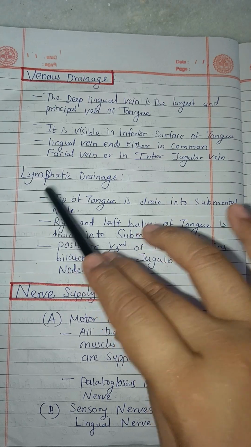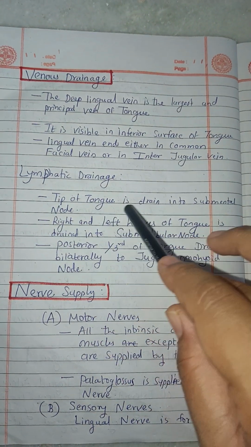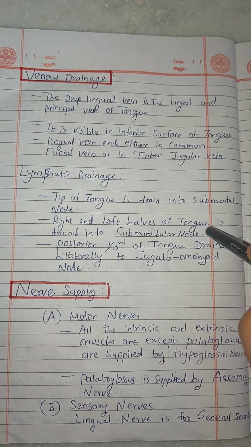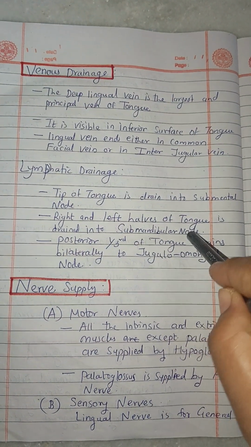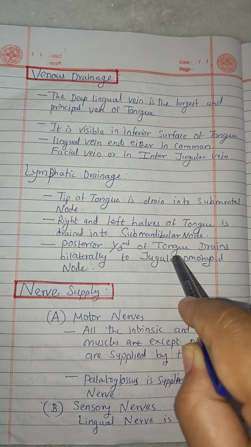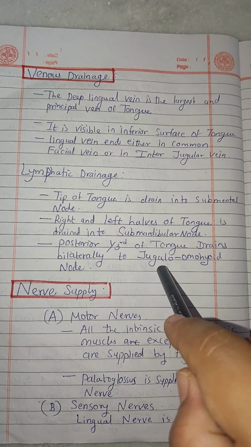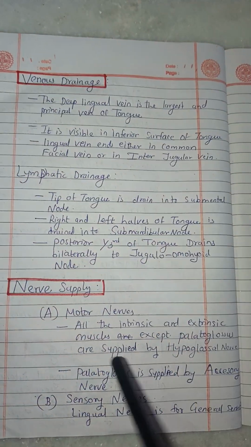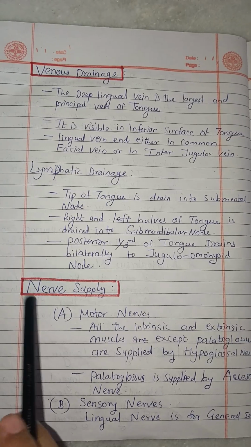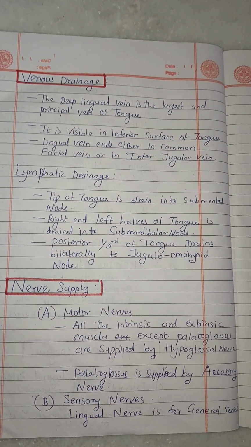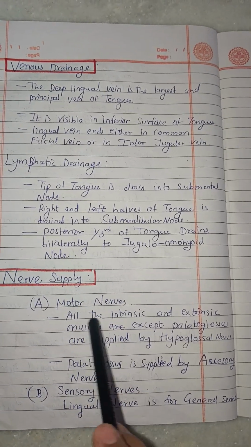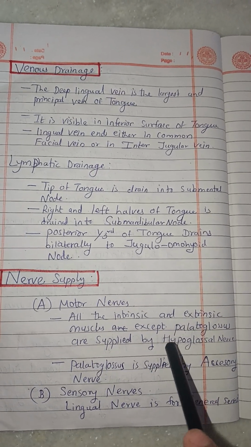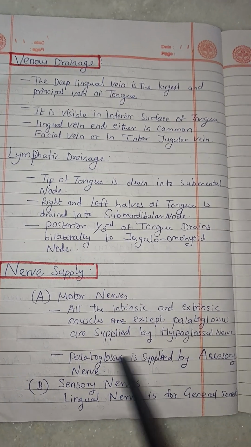We will see now the lymphatic drainage. The tip of the tongue drains into the submental nodes. The right and left halves of the tongue drain into the submandibular nodes, and the posterior one-third of the tongue drains bilaterally to the jugulo-omohyoid node. We will study now the nerve supply of the tongue. What are the nerve supplies? Motor nerve: all the intrinsic and extrinsic muscles except palatoglossus are supplied by the hypoglossal nerve.